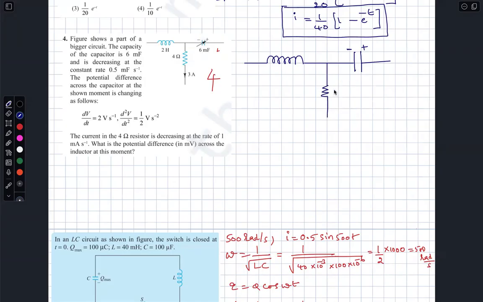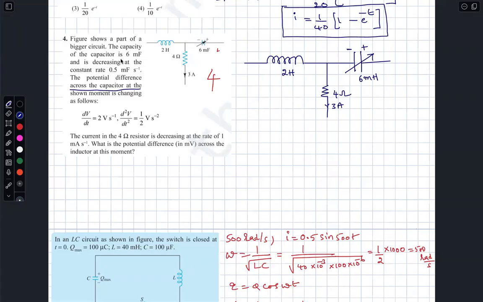At that instant, this is 4 ohm. The potential difference across the capacitor is what you said. Right, hold on.